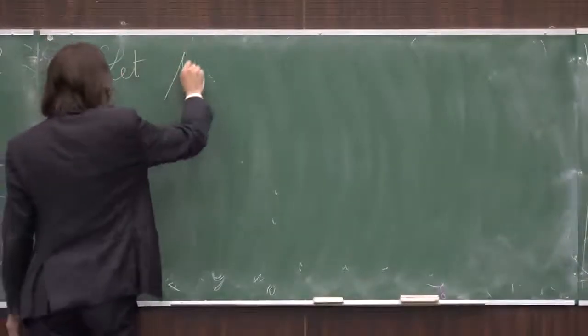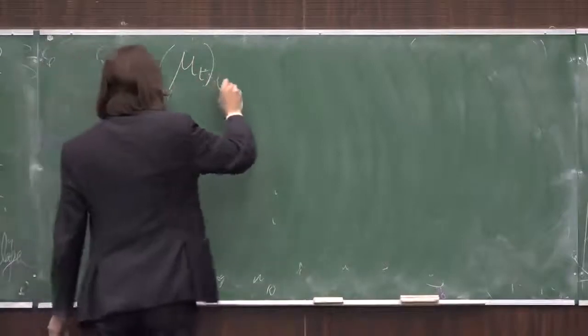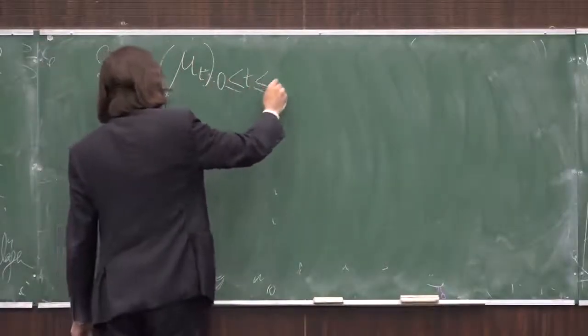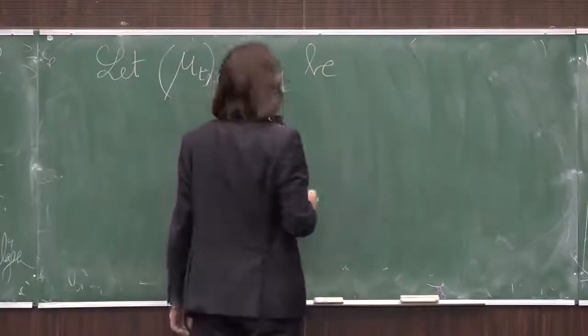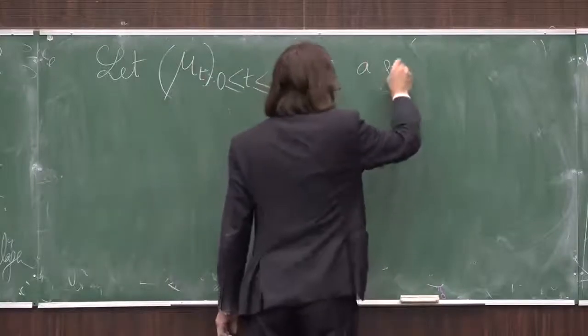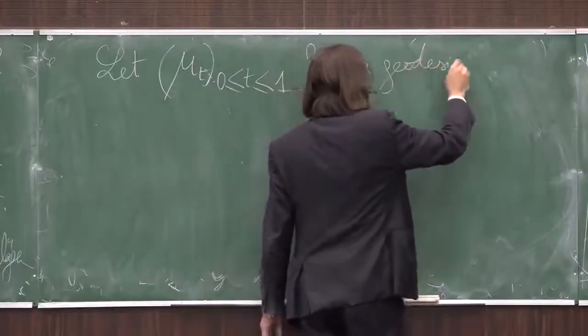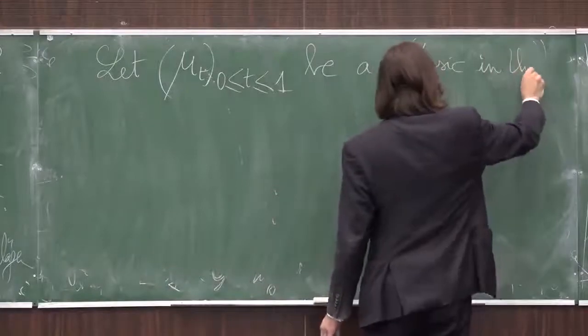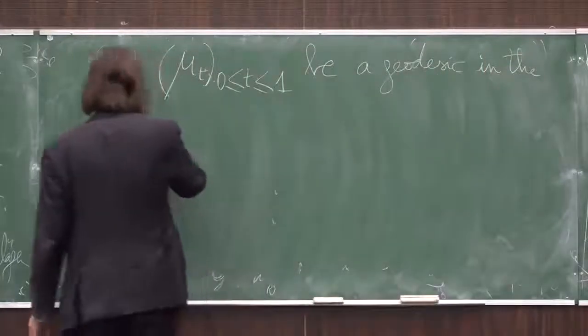Let mu t, for t between 0 and 1, be a geodesic in the space of optimal transport.